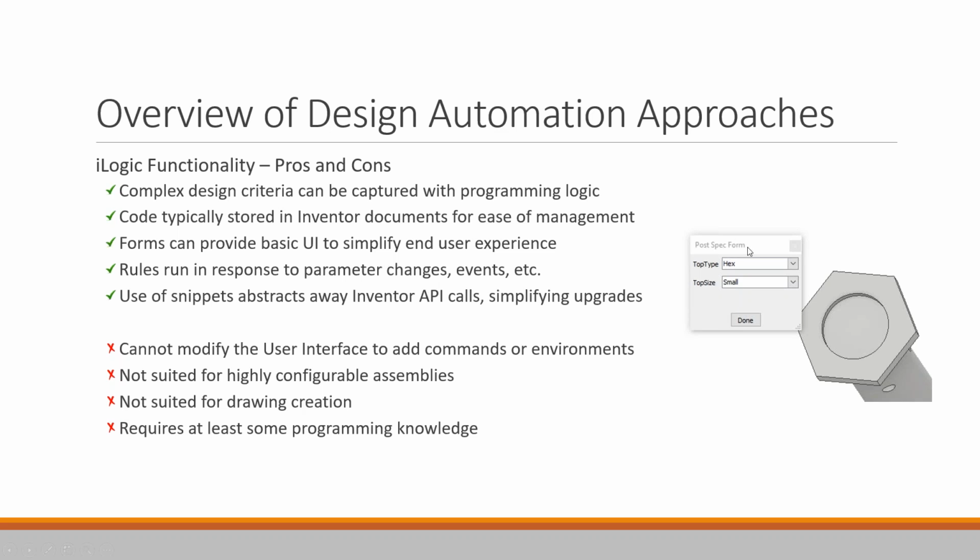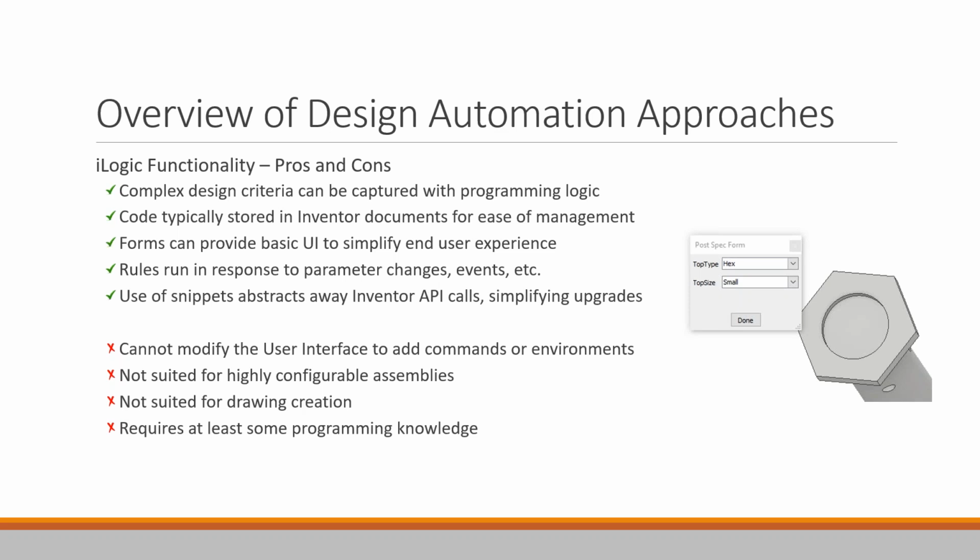A couple years ago, they introduced the ability to create simple forms for user input, which makes it much more capable. You can have someone who isn't very familiar with how Inventor works start a new part, provide some information in a form, and ultimately get a model out that meets their criteria without really knowing how to do anything in Inventor other than start a new file and call up a dialog box.